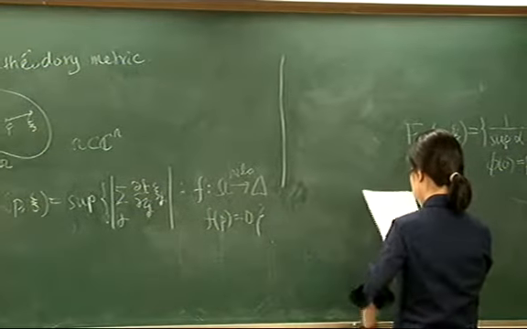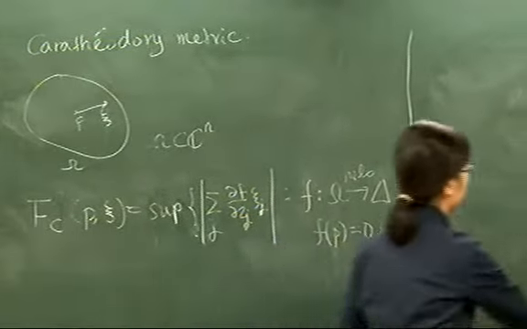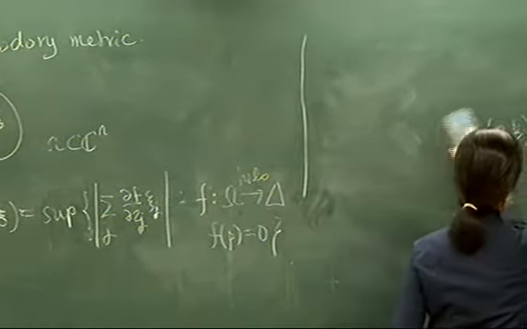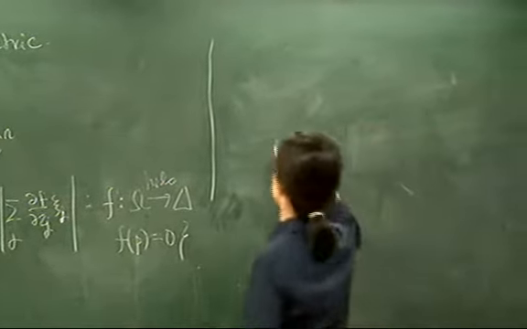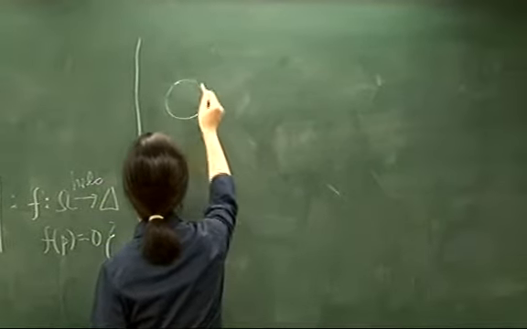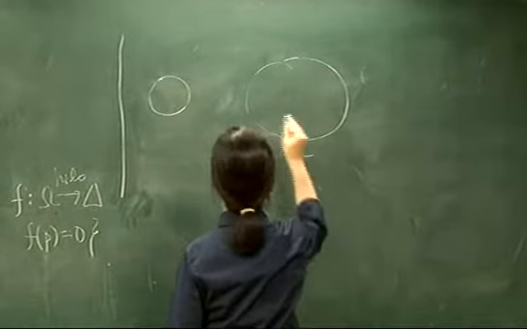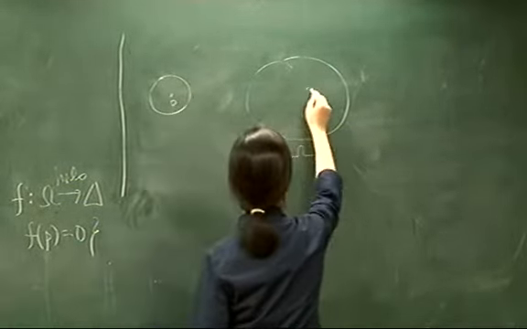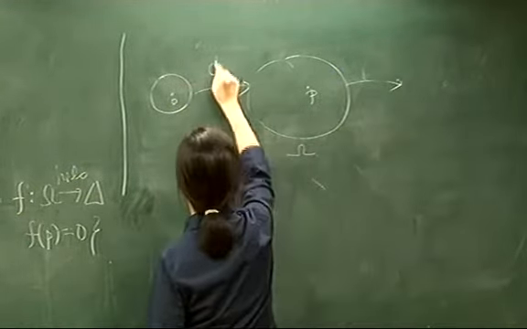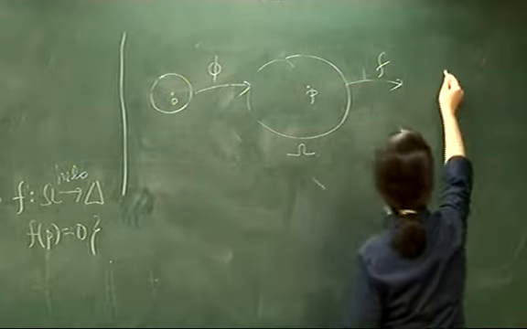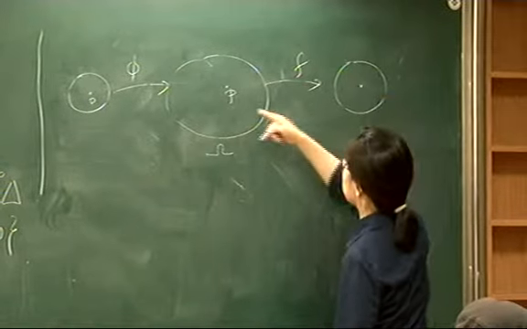So the Kobayashi metric looks at the image of the unit disk in C in the domain Ω, where 0 goes to p. And then the Carathéodory metric considers the bounded holomorphic functions from Ω to the unit disk that send p to 0.